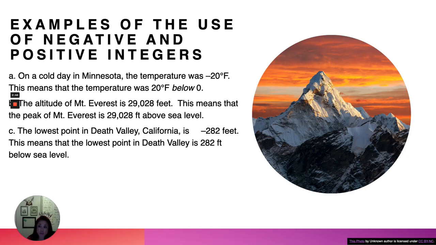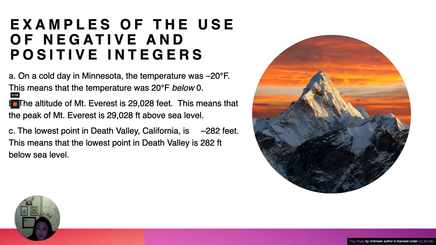Some examples of the use of negative and positive integers. A, on a cold day in Minnesota, the temperature was -20 degrees Fahrenheit. This means that the temperature was 20 degrees Fahrenheit below 0, 0 being the freezing point. B, the altitude of Mount Everest is 29,028 feet.